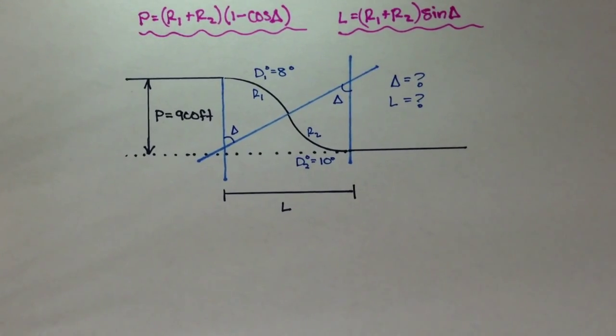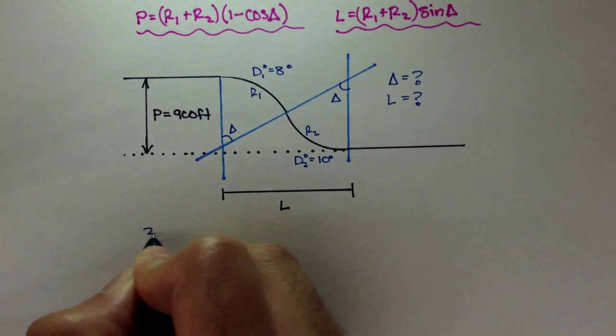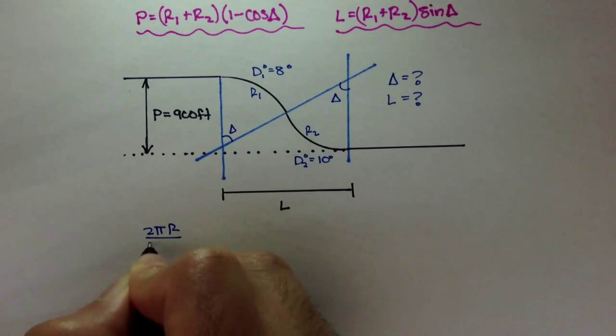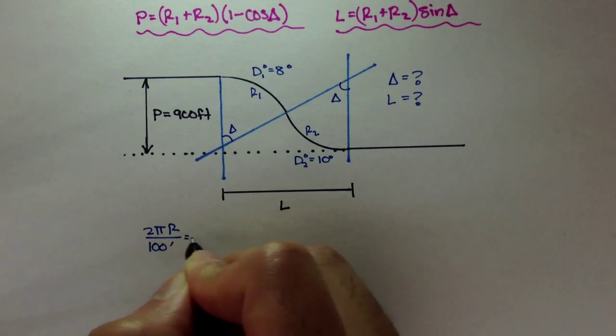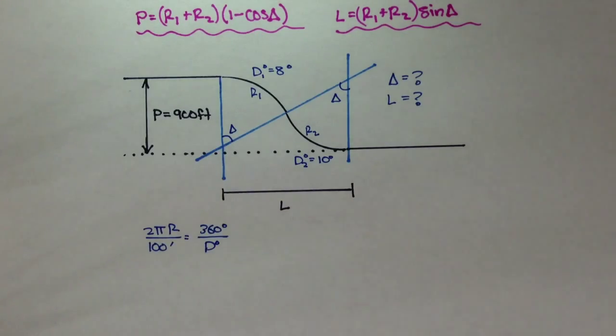And if you remember from several videos before, we have this formula: 2 pi R over 100 feet is equal to 360 degrees over the degree of curvature. And remember, degree of curvature is a specific interior angle that corresponds to an arc length of 100 feet, always.